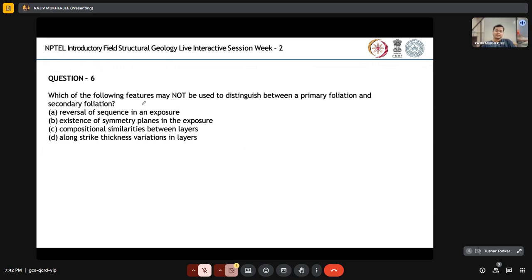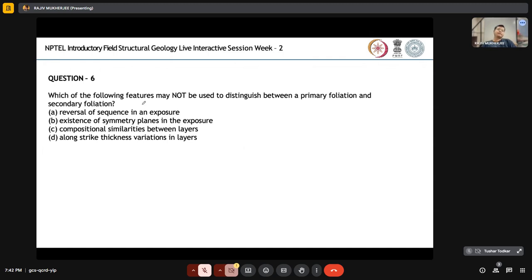reversal of sequence, you start to get. Now, what do I mean by reversal of sequence? Reversal of sequence means the geometric dispositions become different, right?